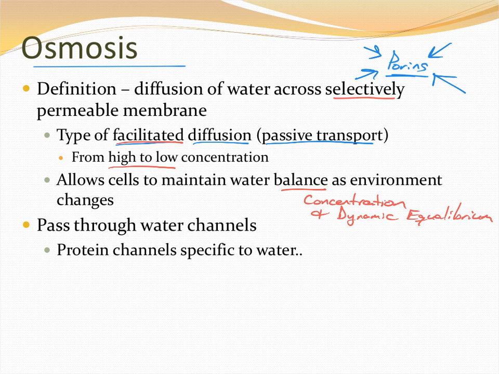So the cell wants to keep that consistent concentration of water. So you can do concentration of anything, right? Concentration of people, concentration of shoes in a room, concentration of solutes. You can also do the concentration of water. Right. So it's how much you have in a specific amount of space, right?